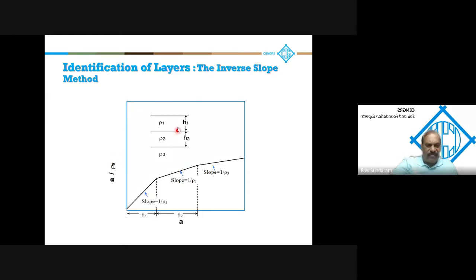So if you have multiple layers, then you would plot A versus A by rho A, and you would get different segments. The inverse of the slope of this plot gives you the true resistivity of the layer. So this is called the inverse slope method.